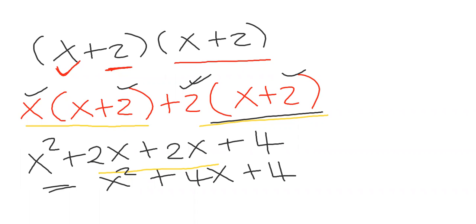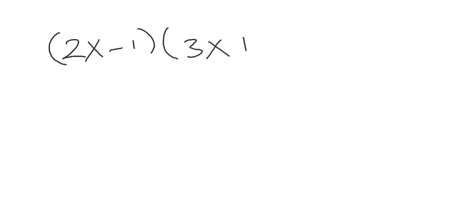Now, let's do another example. Let's now take 2x minus 1, and let's multiply it by 3x plus 2. I said that to expand this, it means that everything that is this side multiplies everything that is that side.